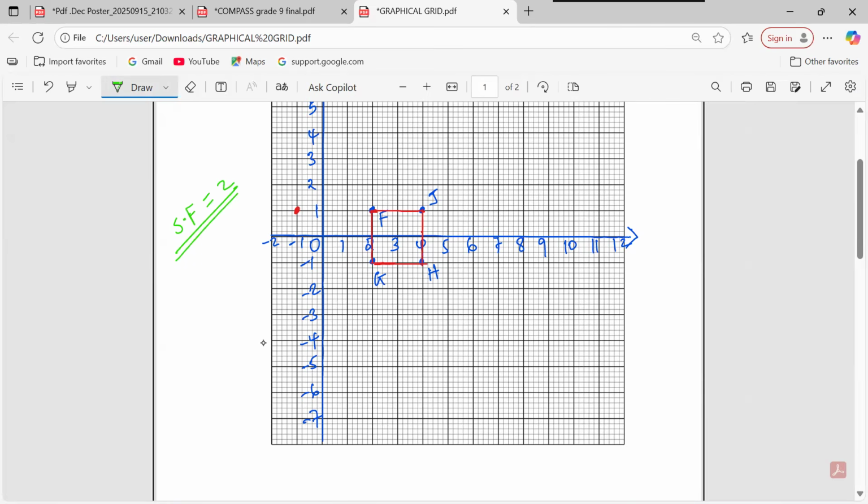We're supposed to connect every coordinate to the center. If it's G, we connect G to the center, and we enlarge. We connect it to the center, then we prolong to the same side.